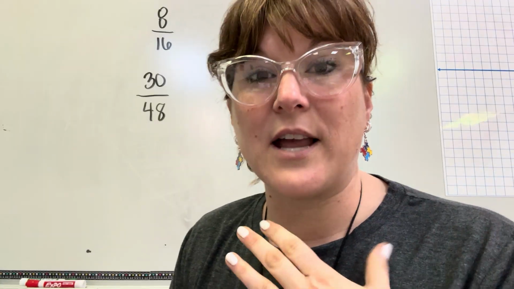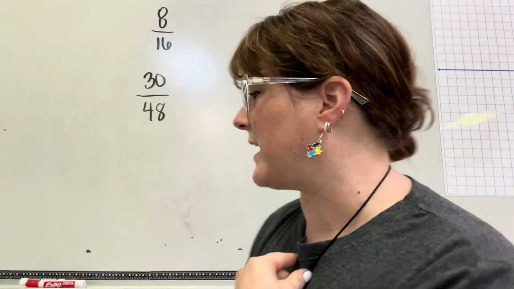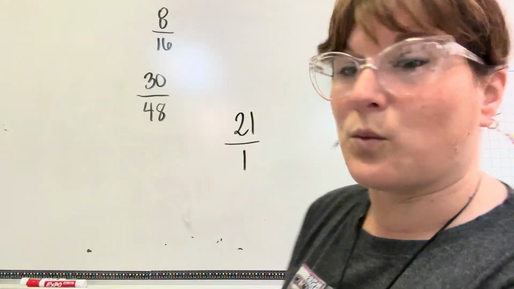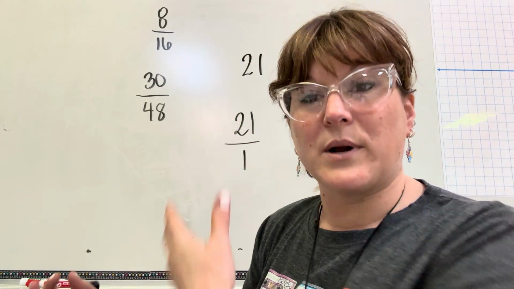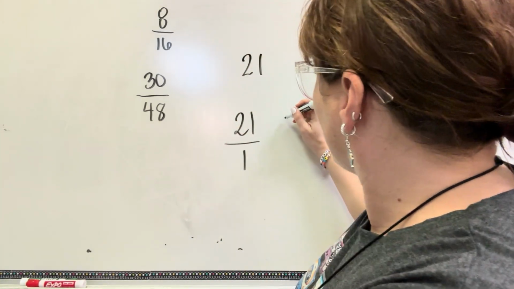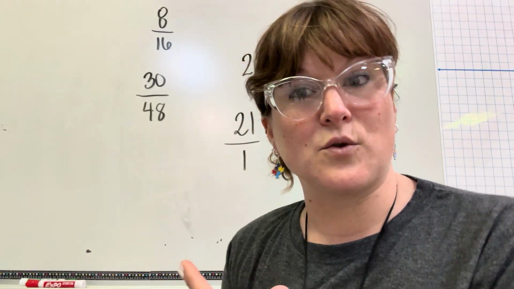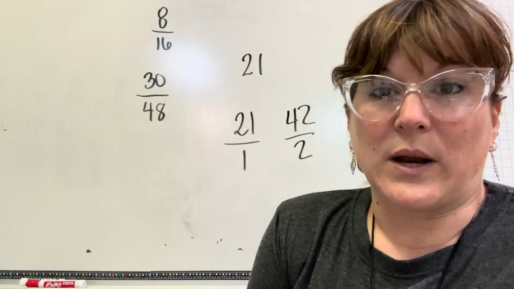For example, if I am 21 years old, I'm not, but let's say I'm 21. I could say I am 21 over 1. The simplest way to say I'm 21 would be to just write 21, but I could write 21 over 1. It's the same thing. I can write that I'm 42 over 2. That's also 21. It's not the simplest version, but it is also 21.